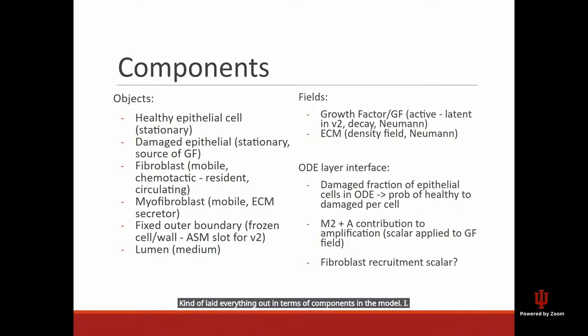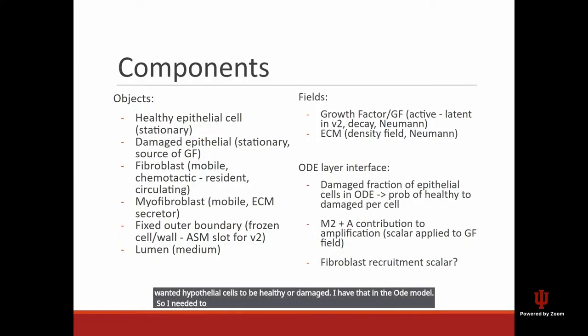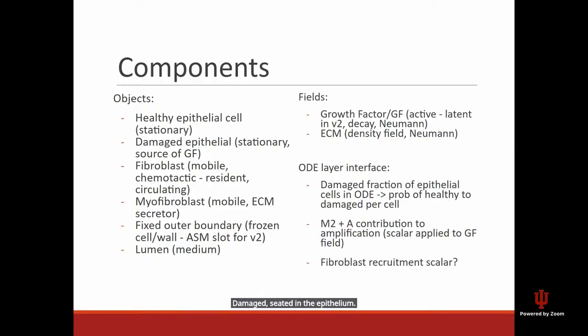I knew I wanted epithelial cells to be healthy or damaged. I have that in the ODE model, so I needed to figure out a way to have the two talk to each other. I wanted to have damage seeded in the epithelium and the tissue layer based on a signal from the ODE layer, for example.